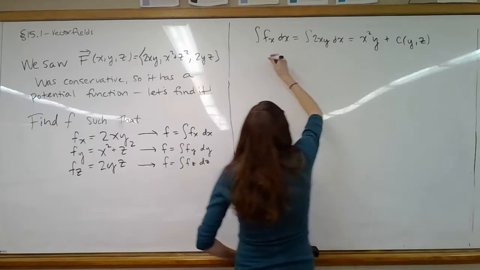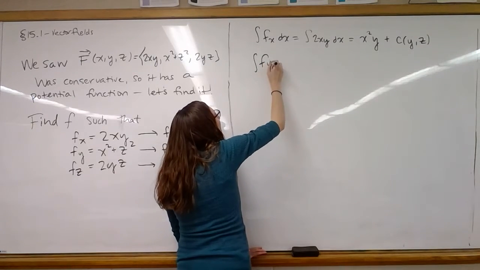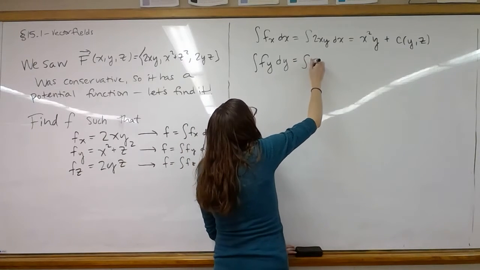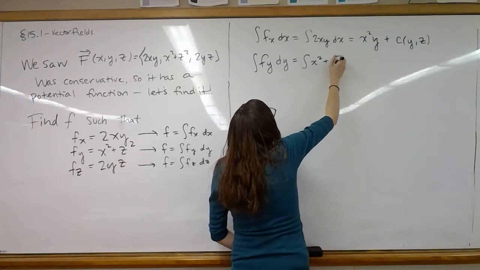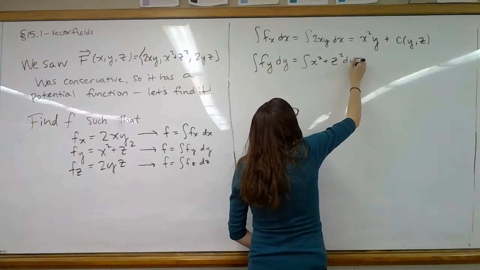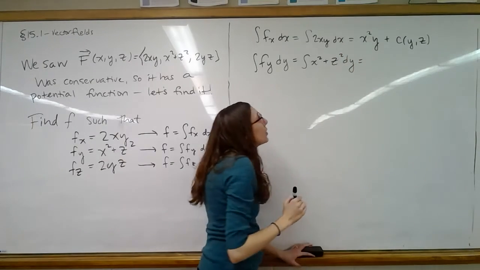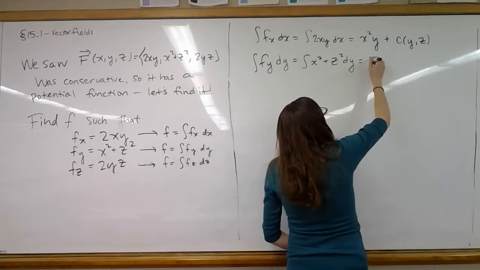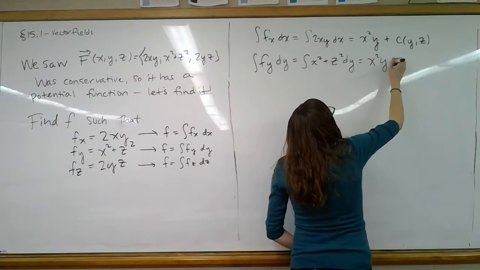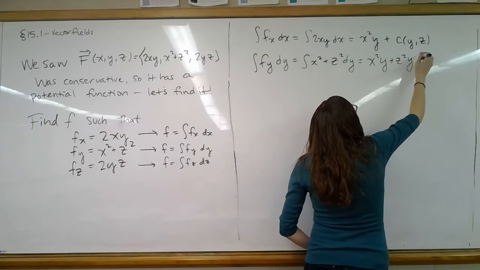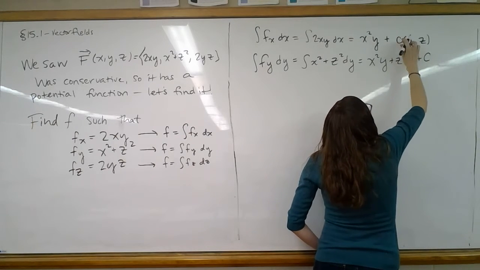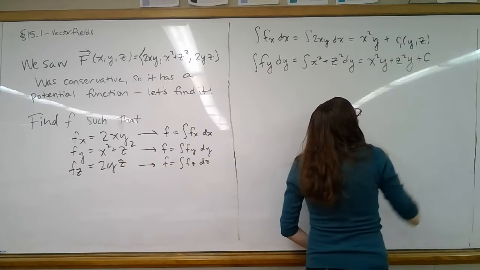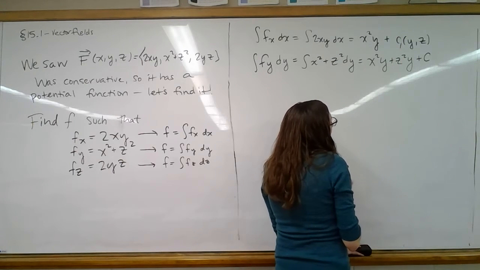All right, let's do this one, f sub y dy. So this is going to be the integral of x squared plus z squared dy, both of which are constant, so they're both just going to gain a y. So we're going to get x squared y plus z squared y plus, let's give subscripts to these, so we really have constant 1 function of yz.